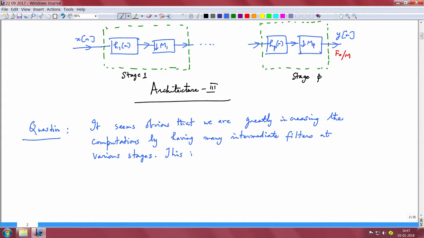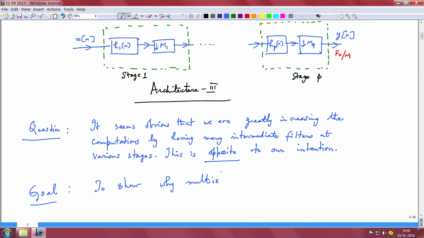So, this is opposite to our intention. The goal would be to show why multistage structures are advantageous over a single stage.